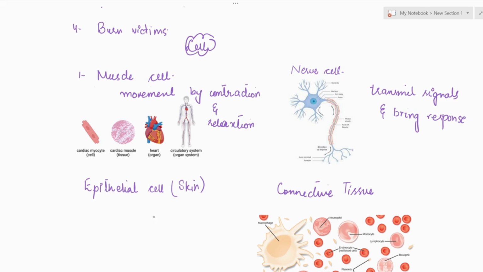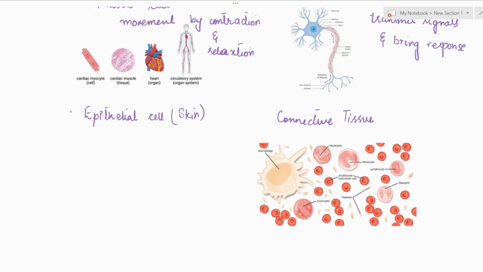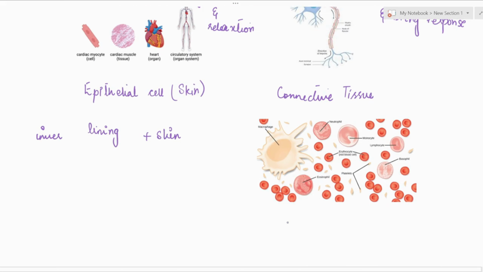What is the function of epithelial cells? They make the lining, good, they make the inner lining as well as skin. What is the function of connective tissue? To support and connect. So the name is connective tissue. So, connect. These are different types of cells.